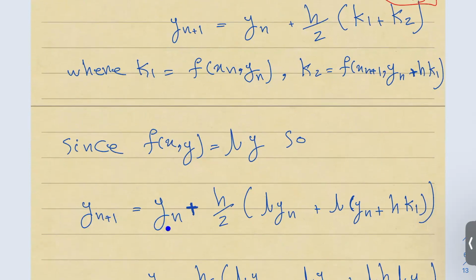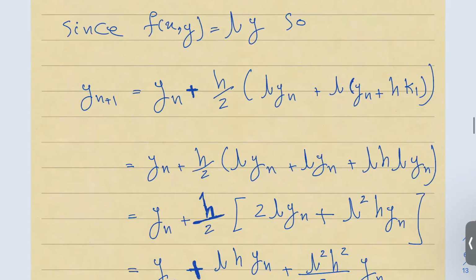So the first one, k1, is just lambda yn. K2 is the tricky one. What is f? F is lambda times the second component, which is yn plus h times k1. So substituting this k1, I will have this guy.